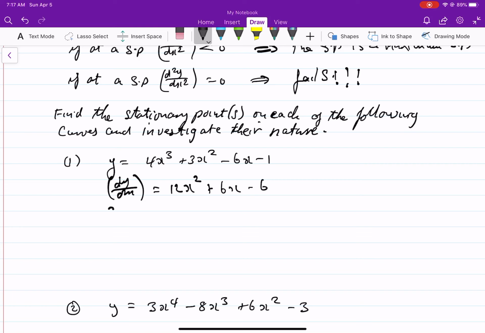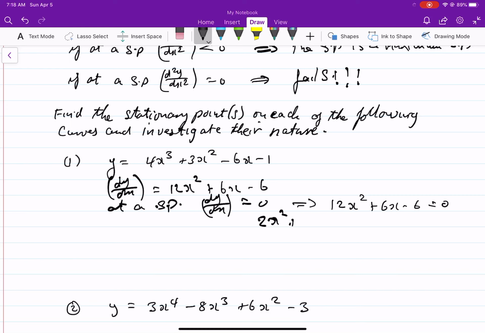We know that at a stationary point, dy dx, the gradient function, must be equated to 0, and therefore 12x squared plus 6x minus 6 must be equal to 0. We can tidy that up a little bit by dividing through by 6.